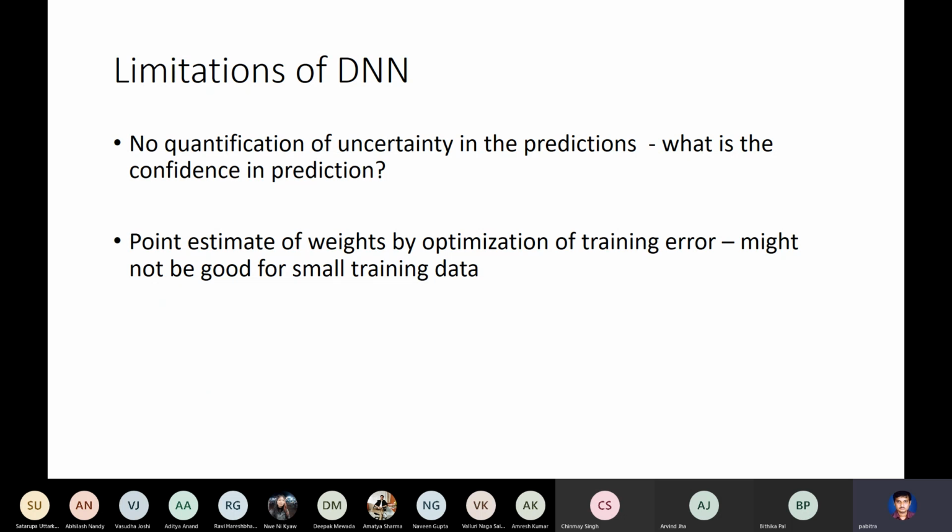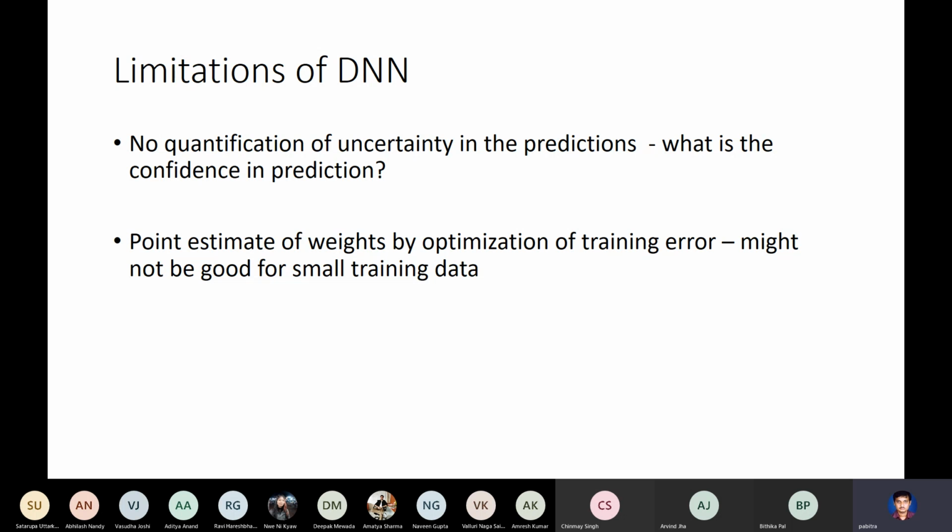So we try to address the following limitations. First, the output is a point prediction, so there is no quantification of the uncertainty of this prediction. How confident are you? Are you 95% confident, with a 5% uncertainty? There is no quantification of the uncertainty, and so basically, what is the confidence of the prediction? Secondly, the weights are point estimates.